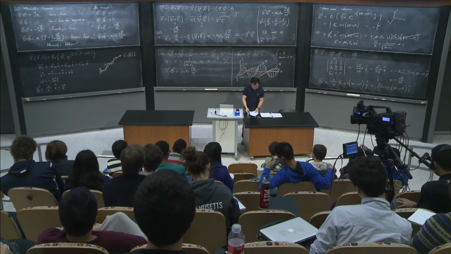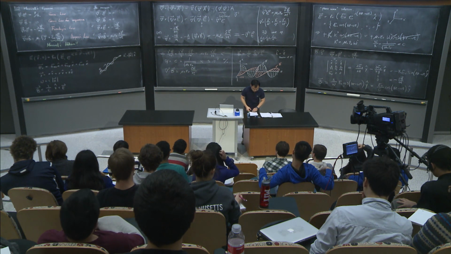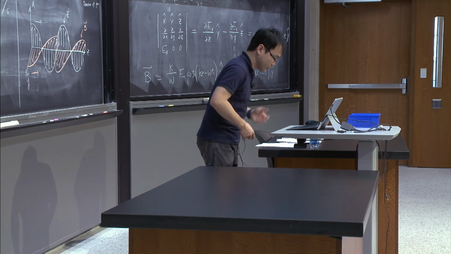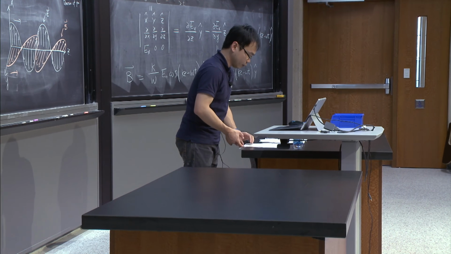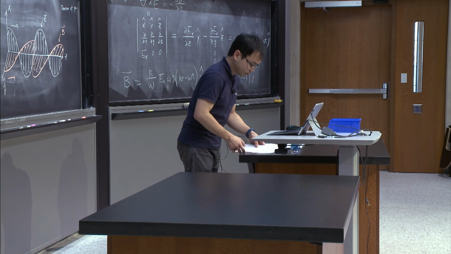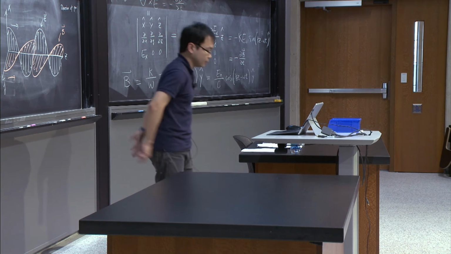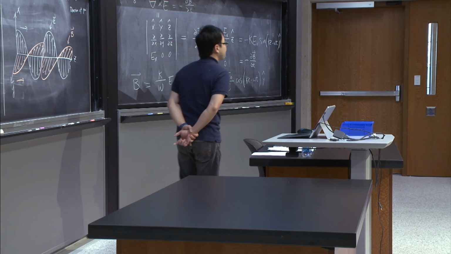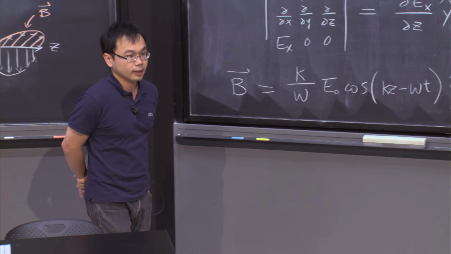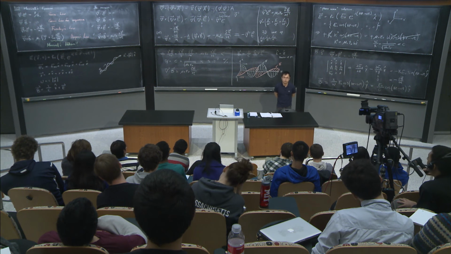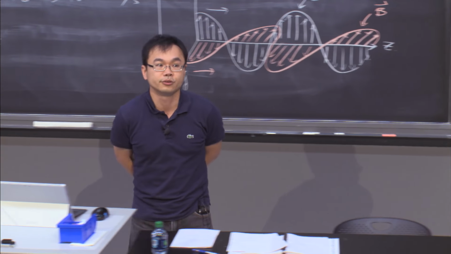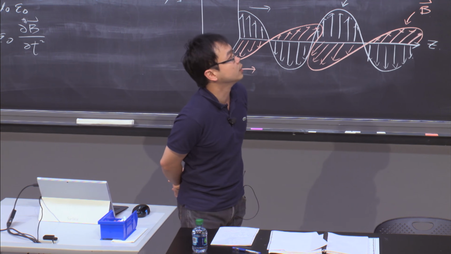So that is what we can learn: a general description of an electric field pointing in some random direction, okay? So we have talked about a progressing wave solution, and also the plane wave and the corresponding magnetic field. I hope that you can apply the technique which we learned here.